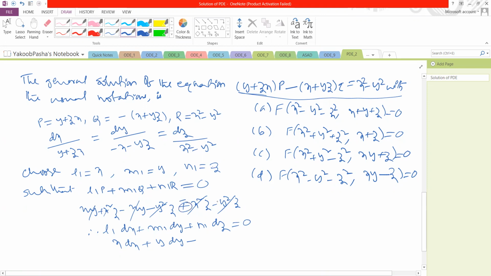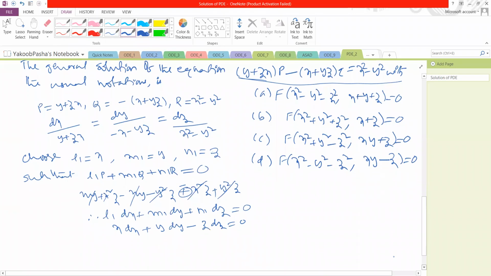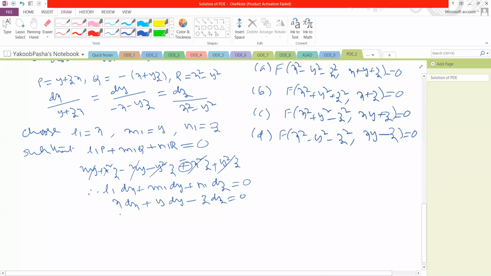Okay, so here minus z into dz is equal to 0. Now integrate. We'll get first term x square by 2 and second term y square by 2 minus z square by 2 is equal to some arbitrary constant c1. That is x square plus y square minus z square is equal to c1. This is the first curve.